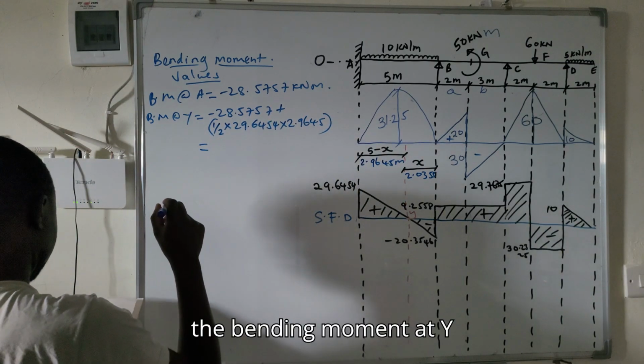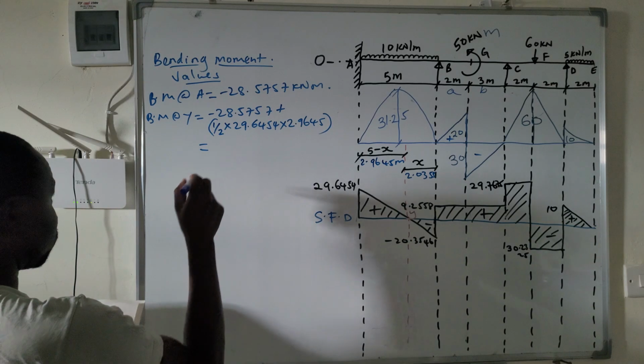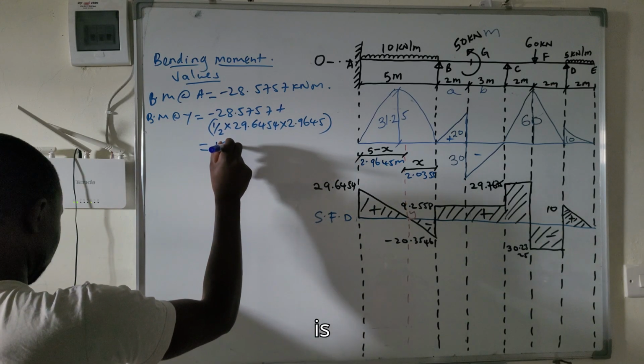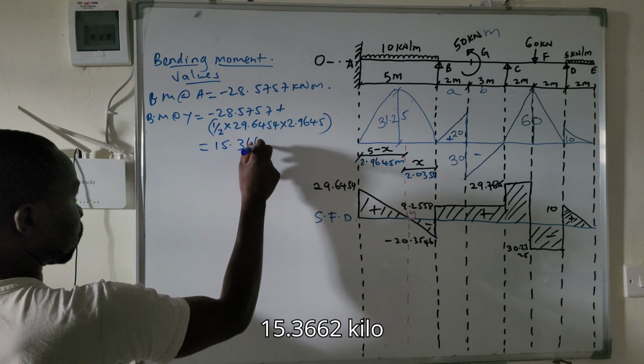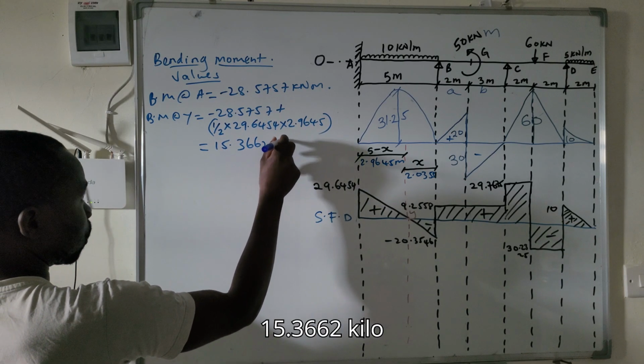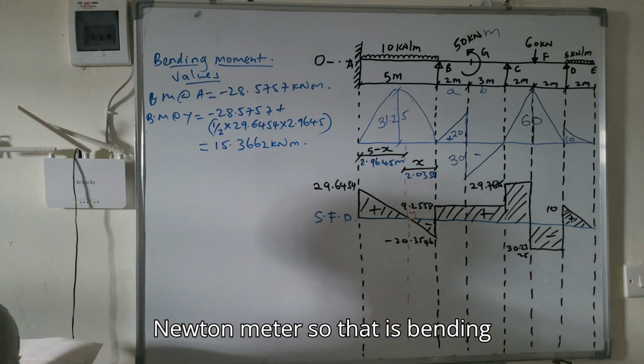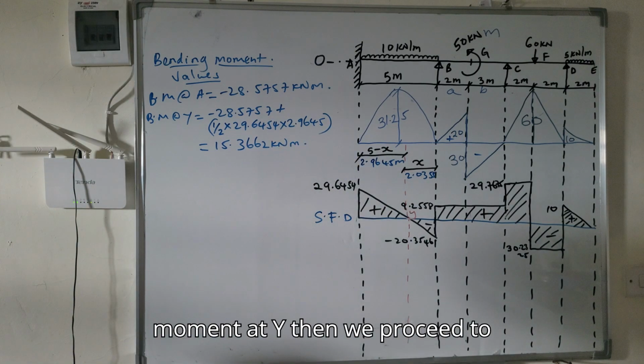So the bending moment at Y is 15.3662 kilonewton meter. So that is bending moment at Y.